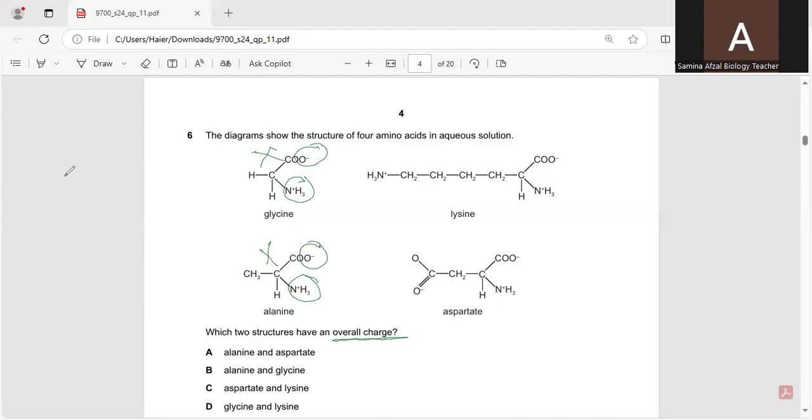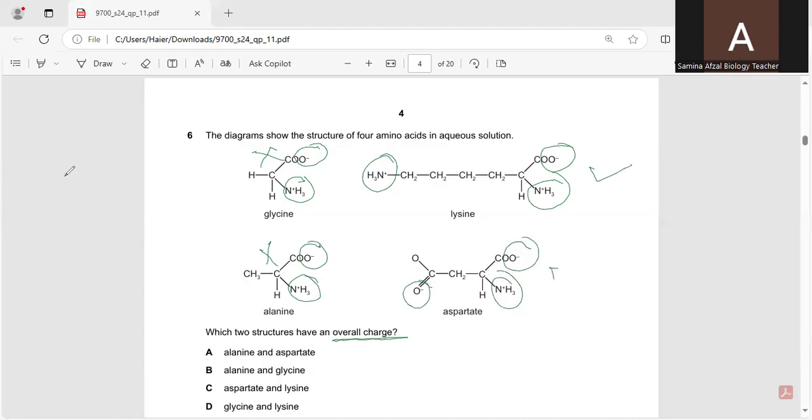But on this lysine, you can see a minus charge, a positive charge, and another positive charge. So there will be an overall charge, the plus charge will be more than the negative charge on the lysine, so it can be part of the answer. Aspartate, you can see a negative charge, a positive charge, and there will also be one more negative charge.